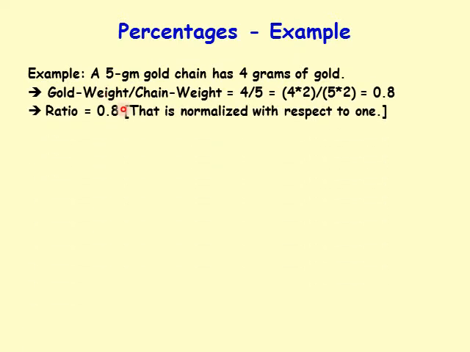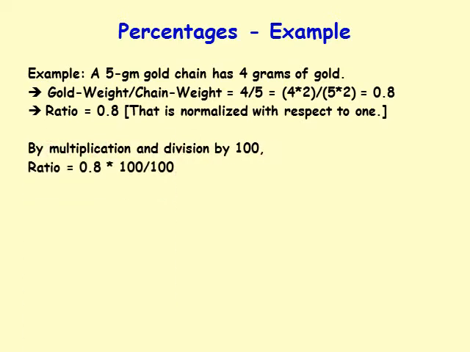The ratio is 0.8, and that is normalized with respect to 1. We did not do any normalization here. Ratios are always with respect to 1. So now we're going to multiply and divide by 100. The ratio is 0.8 times 100 divided by 100.